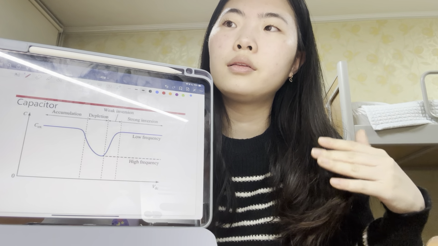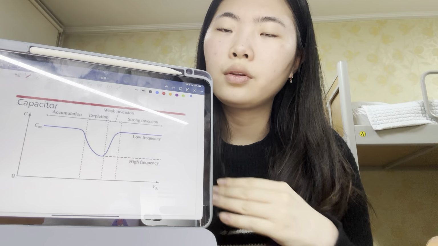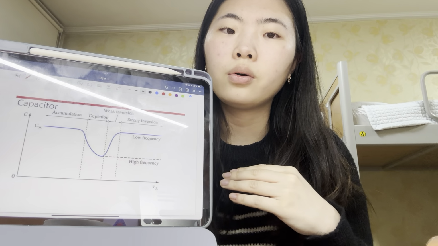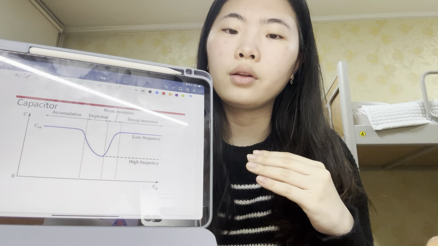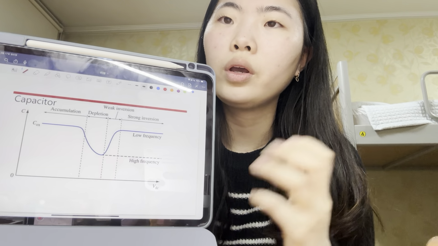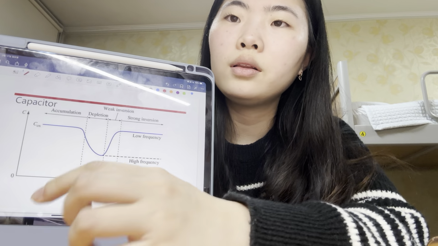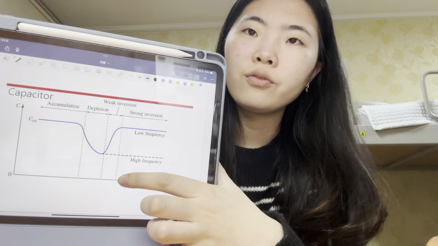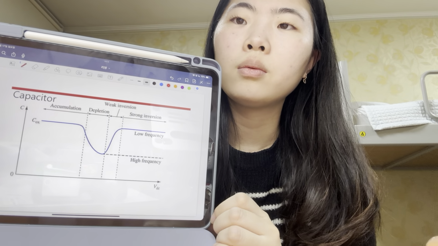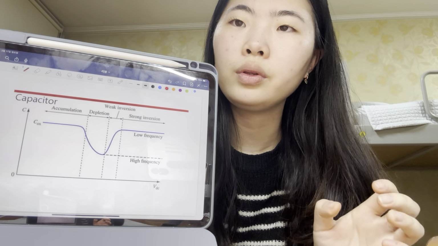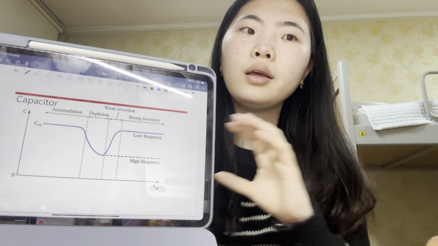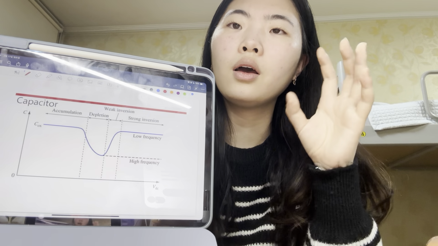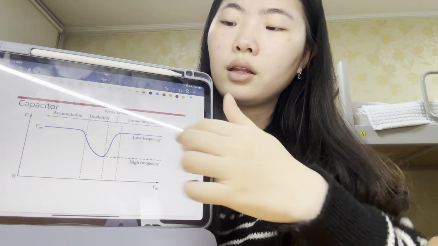So the original material loses its own characteristic, and its characteristic changes. When the material's characteristic changes, we call it inversion mode. After the inversion mode, the channel is made in there, so the current flows in there.